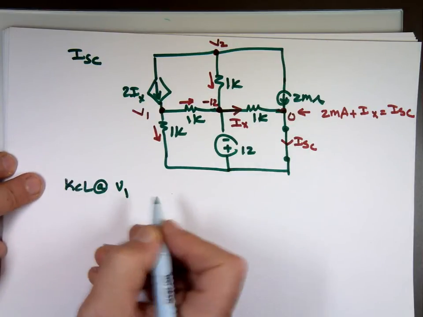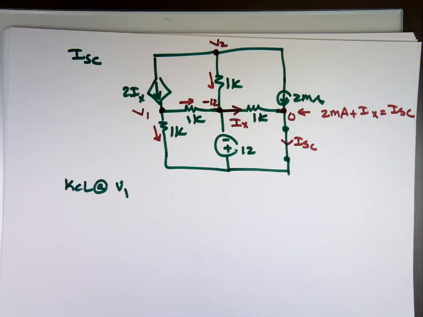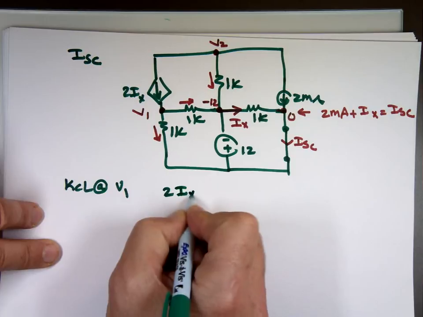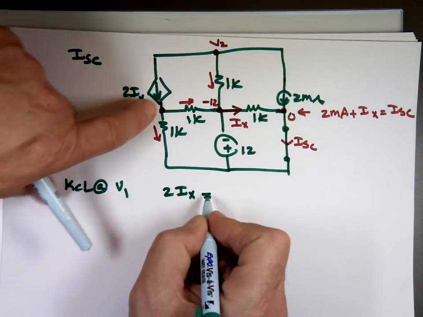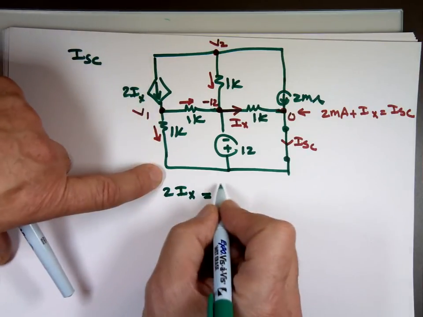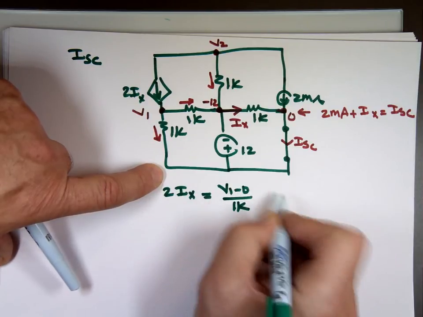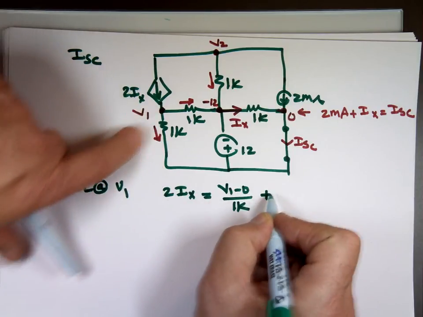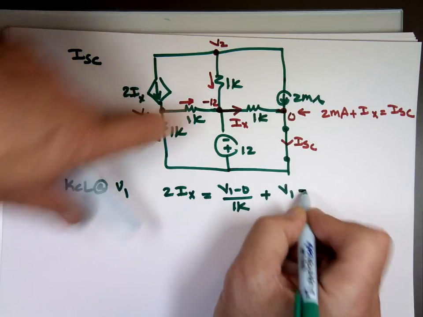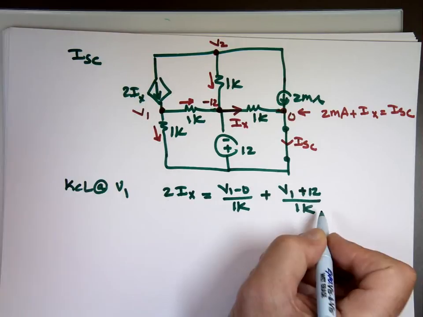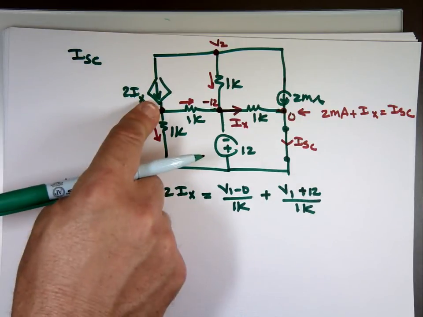What's the current going to that? 2 I sub x. What's leaving? V1 minus ground over 1K. And what about this one? V1 minus negative 12. That makes it plus 12 over 1K. I just want to look at that one to see if that was in milliamp or not. It didn't say that's in milliamp, right?